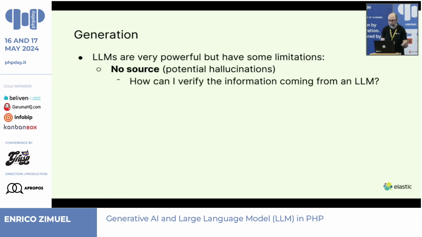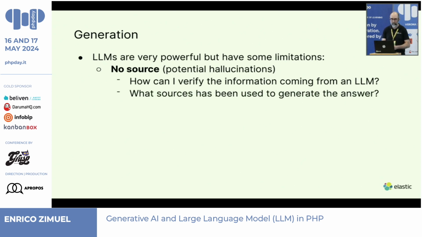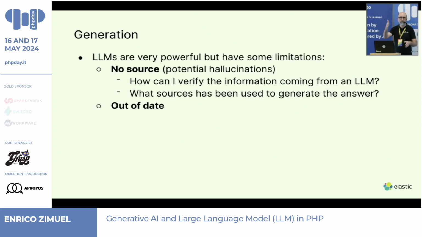So you have no way to verify the information coming from the LLM against a source. Another problem is being out of date. Typically, these models are trained up to a date. If something happened after, they don't know about this information. And for sure, they don't know about your internal private documents, right?